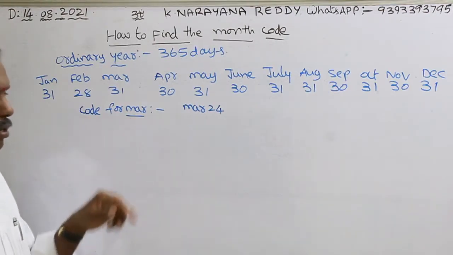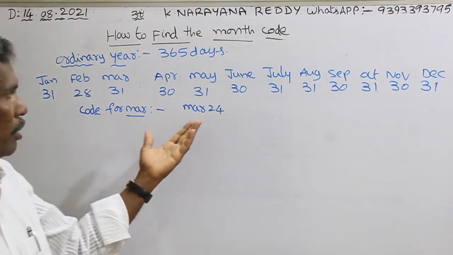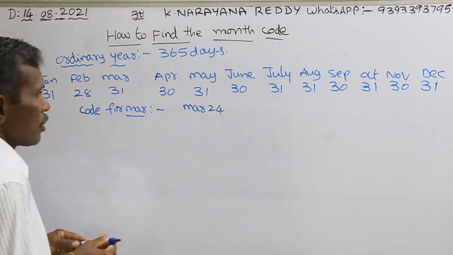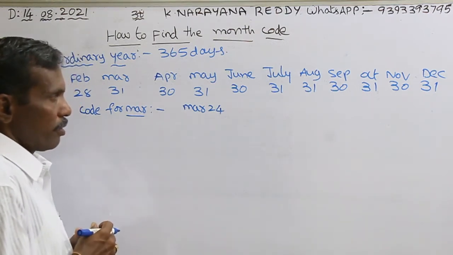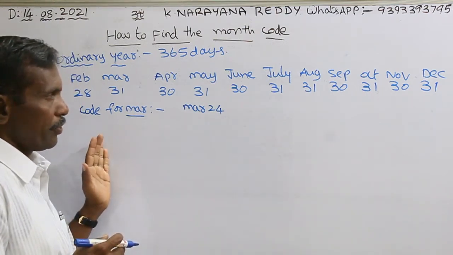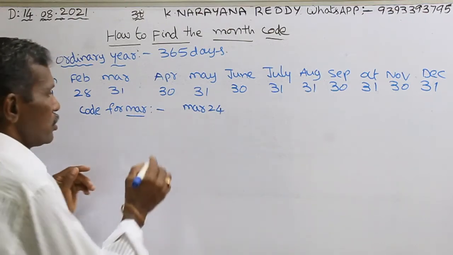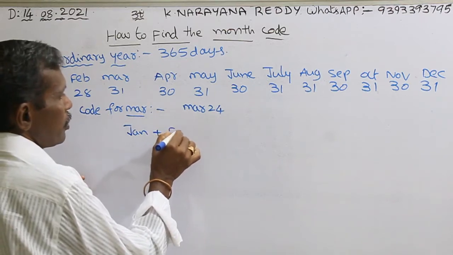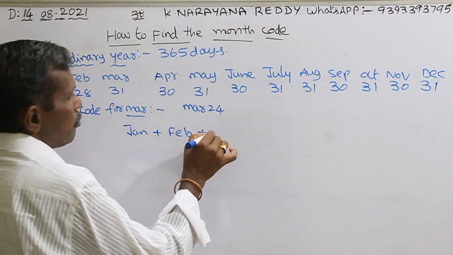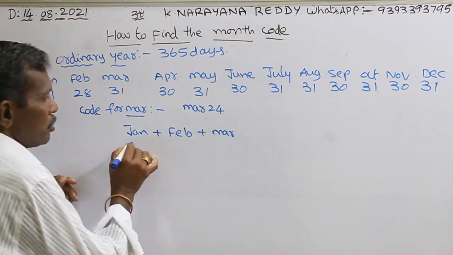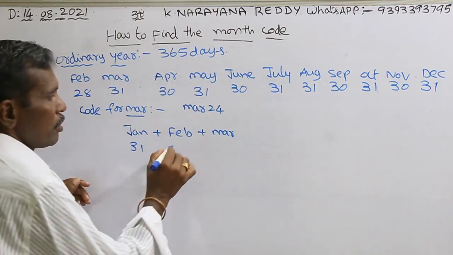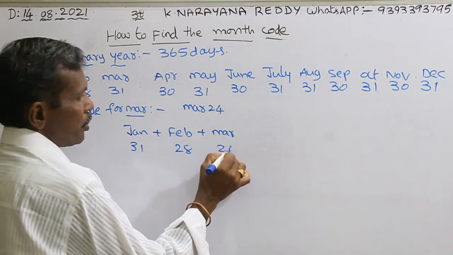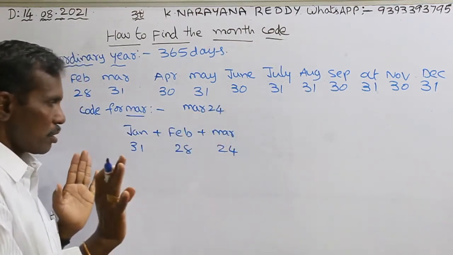Now, the code for March. Take for example March 24. See here, how many days are there from January to March 24? Jan contains 31 days, Feb 28 days in an ordinary year, March up to 24, that's all.